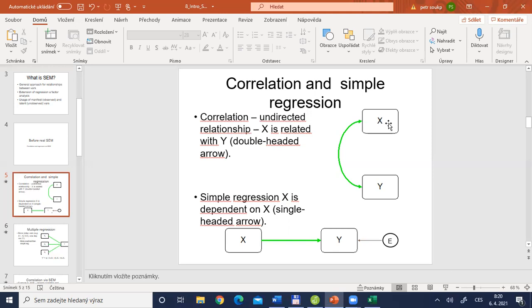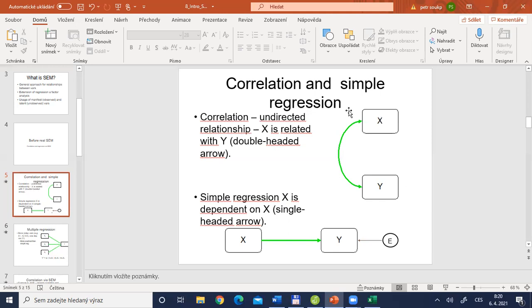JASP or another software package will compute for you also the variance of the first and the variance of the second variable. So for this picture, we will be computing three estimated parameters: variance of X, variance of Y, and the relationship between X and Y.